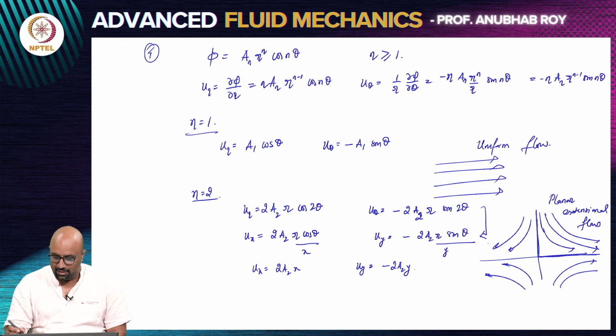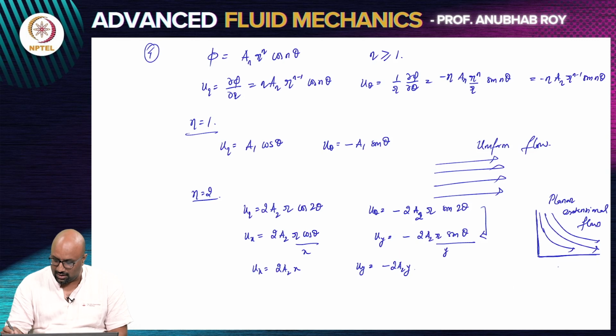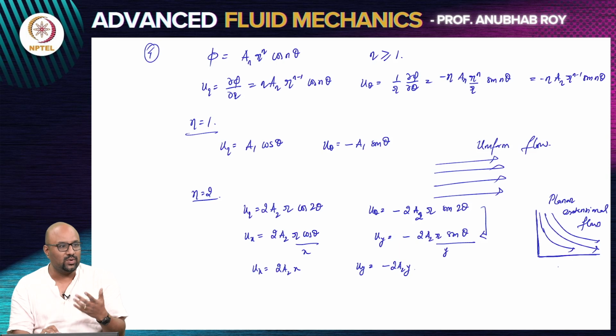You can as if forget everything about all the other quadrants and think of this as a flow that is happening in one corner, because the two boundaries, x and y axes, are streamlines, which means there is no normal flow. That means this is actually a potential flow in a 90-degree corner. We did not learn it this way earlier. We learnt it as a stagnation point flow over all ranges of x and y, but if you scoop out one of the quadrants, this is actually a flow through a corner of 90-degree angle.